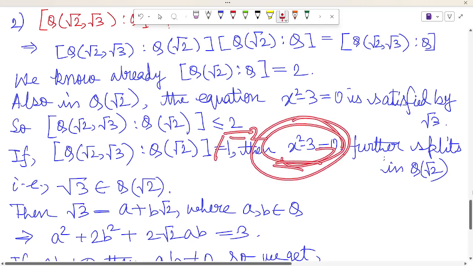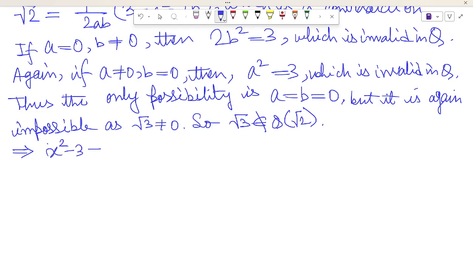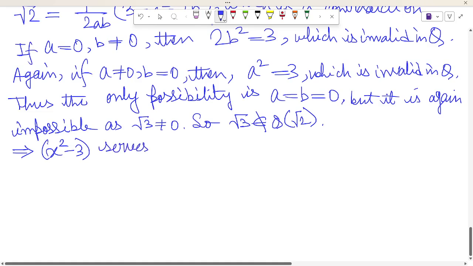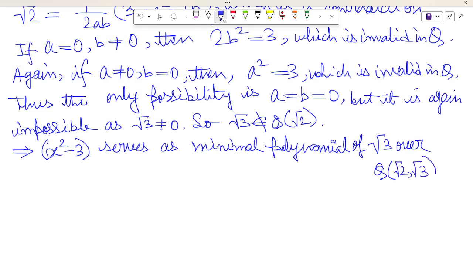It is exactly equal to 2. So x square minus 3 equal to 0, I mean x square equal to 3, serves as the minimal polynomial of root 3 over, sorry, root 3 over Q root 2.